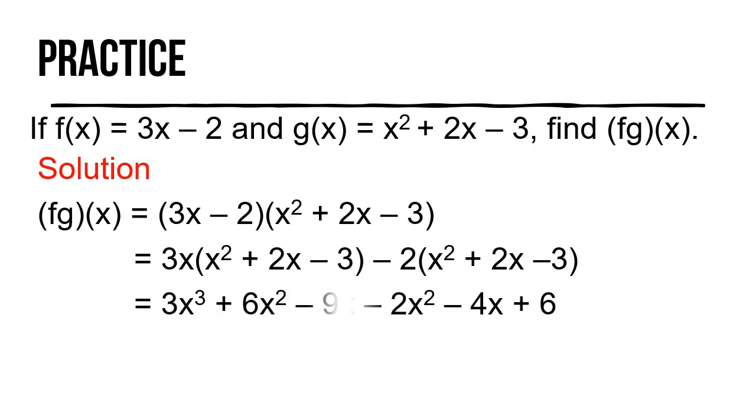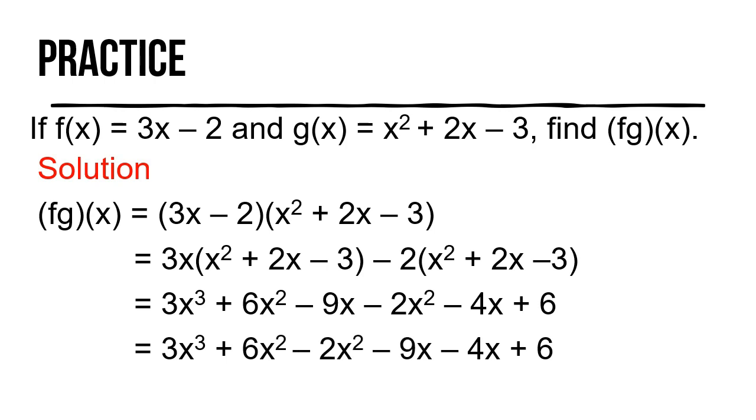So that's why it will lead to 3x cubed plus 6x squared minus 9x minus 2x squared minus 4x plus 6. Then let's combine the like terms, or write the like terms together, arrange it in descending order. So that's why it became 3x cubed plus 6x squared minus 2x squared minus 9x minus 4x plus 6.